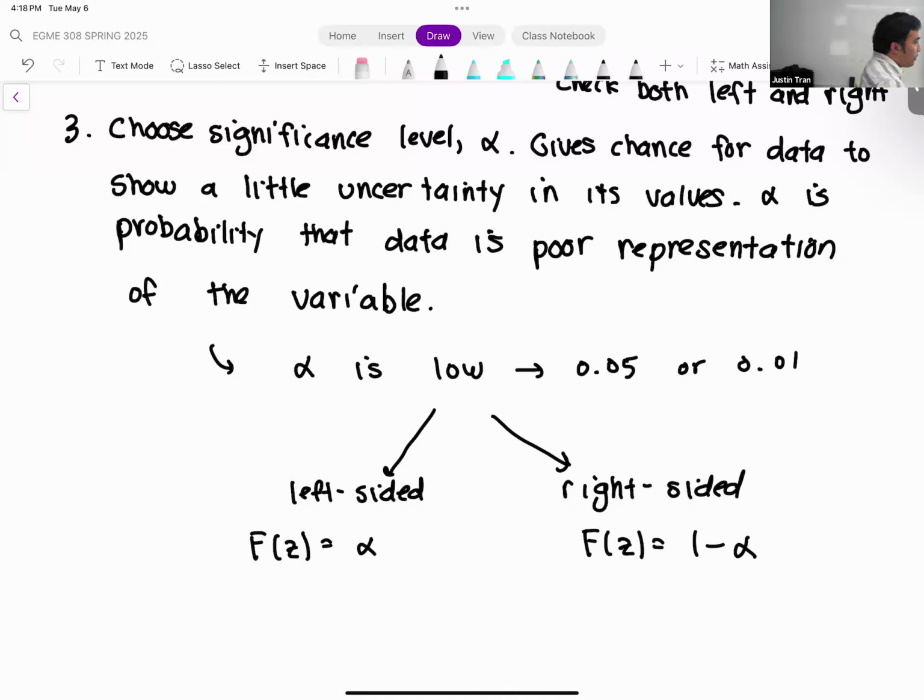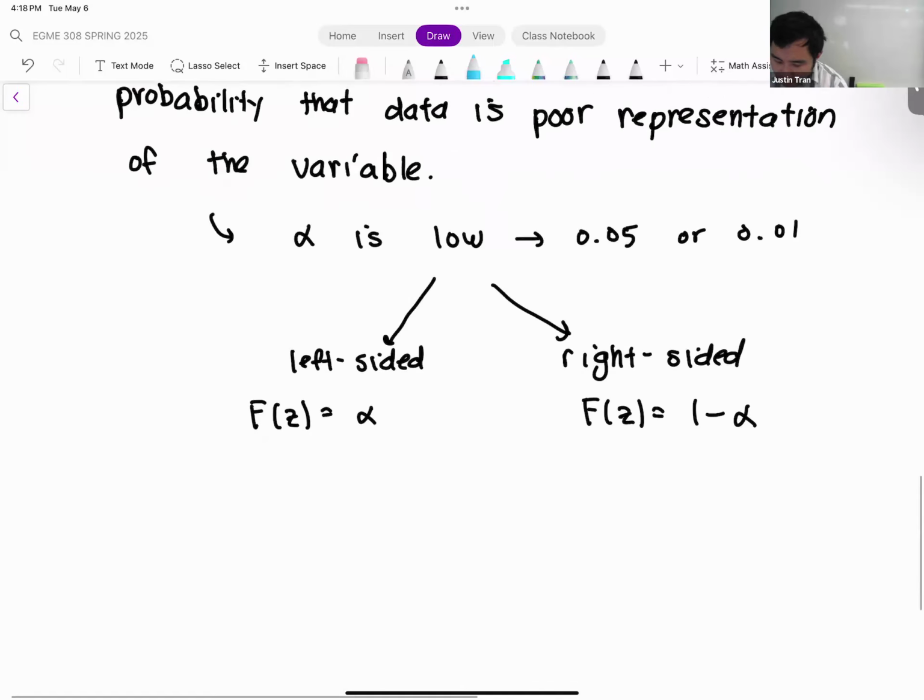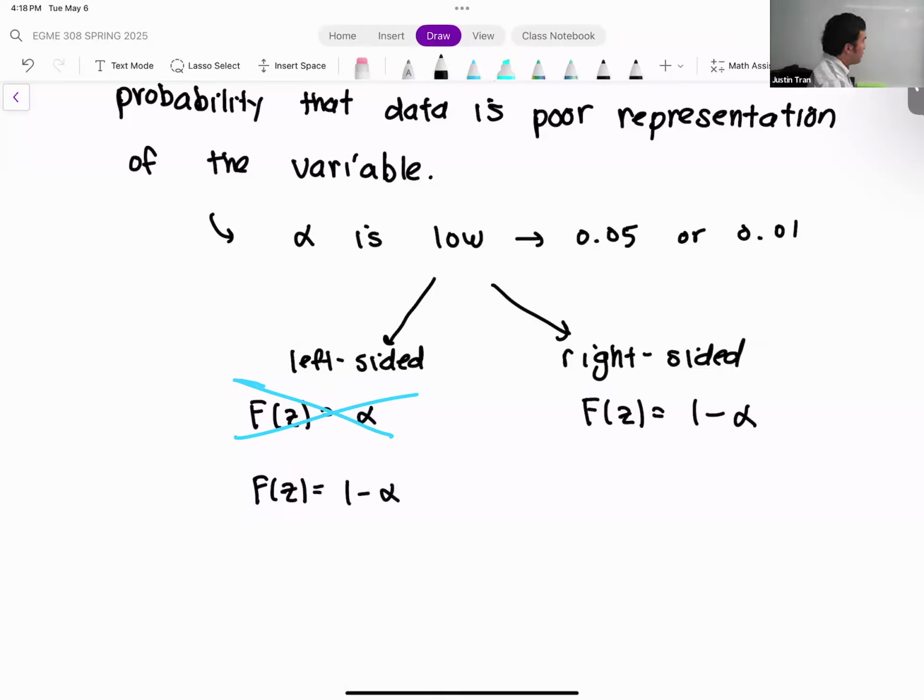Now, unfortunately, there's a problem with this, because the data tables that we're given don't have all the possible values for f of z. And so for a left-sided alternative, instead of computing f of z equal to alpha, you're going to compute f of z is equal to 1 minus alpha, same as the right-sided alternative, okay?